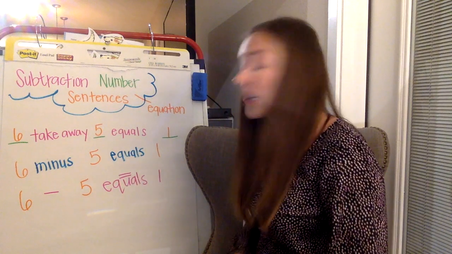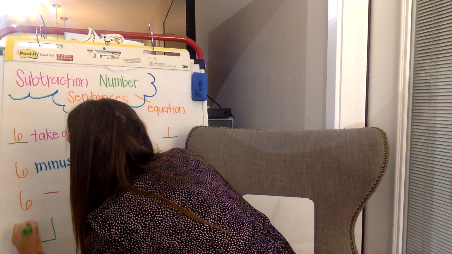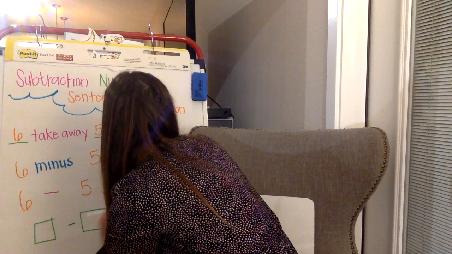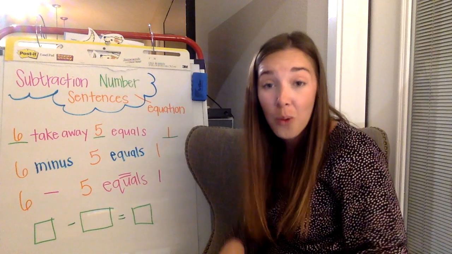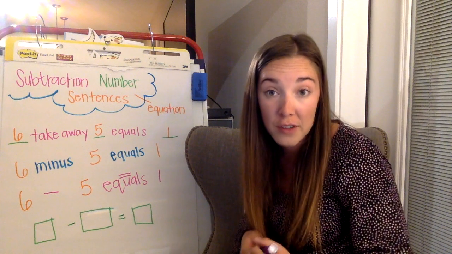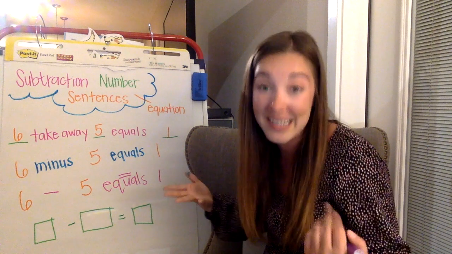Now I want to teach you another part of a subtraction sentence. If you've been noticing while we've already been doing this hard work, you might notice that our number sentences and our work has always started with the whole. When we draw a picture for subtraction, we start with the whole amount, the total, the biggest amount.